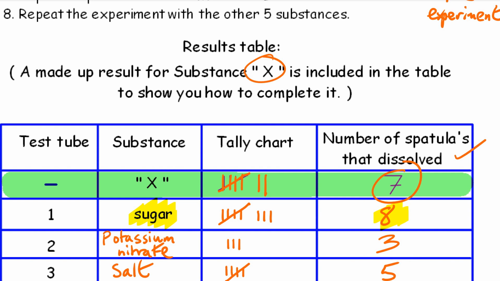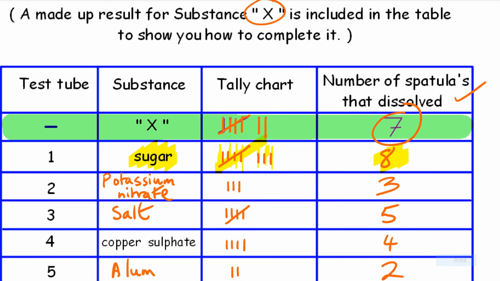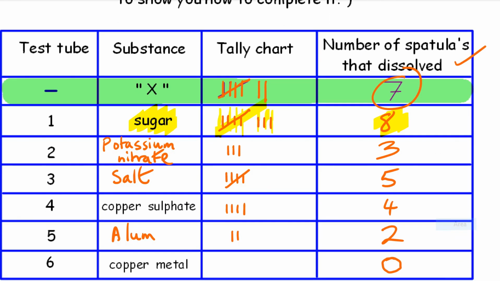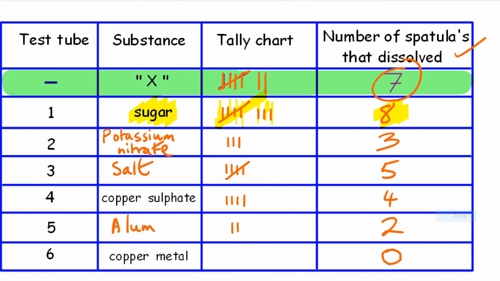When we added another one, so 9 spatulafuls, then some of the sugar didn't dissolve, so we don't count that one. Remember, we've been looking at a tally chart, and you can see here 1, 2, 3, 4, 5 bar gate, 6, 7, 8. The different substances allowed different numbers of spatulas to dissolve in them.